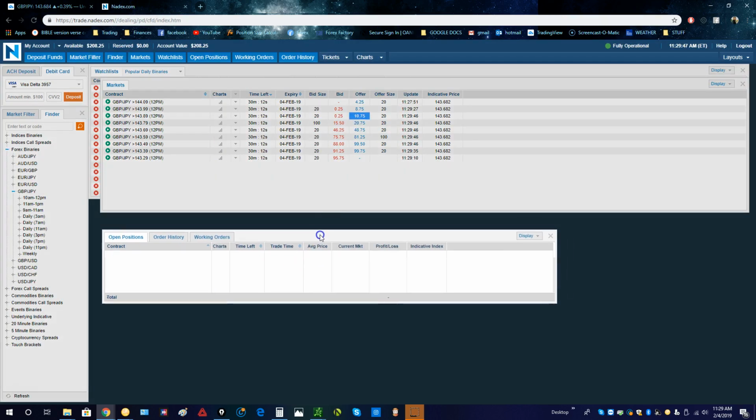Anyone who trades Nadex, unless you're very, very good with your entries, I caution you to try to stay as close to at the money as possible, or even out of the money.